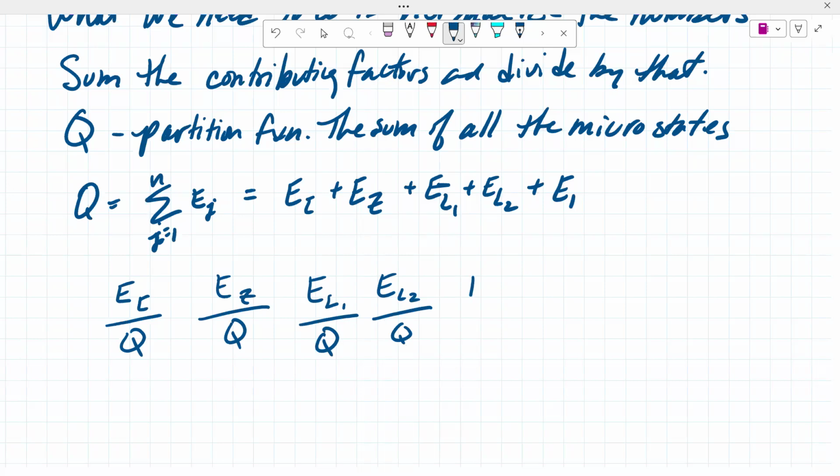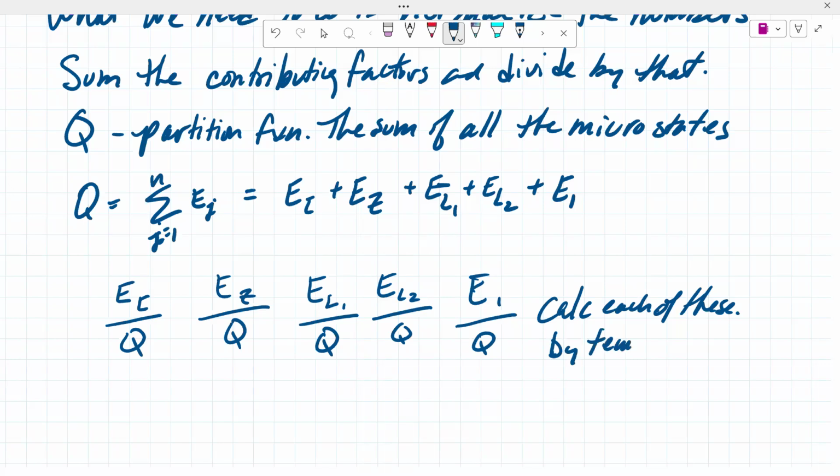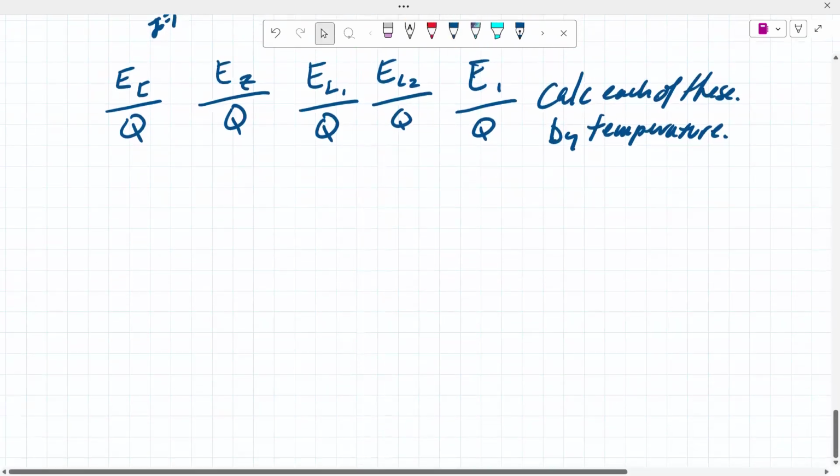And then we'll have the E sub straight also over Q. Calculate each of these. Here is the sum. Okay, and it needs to be done by temperature. When we do this and plot it, let's take a look at what our bar graph is going to look like.